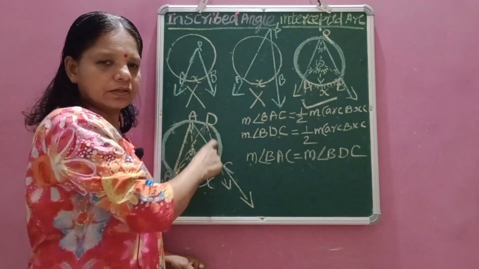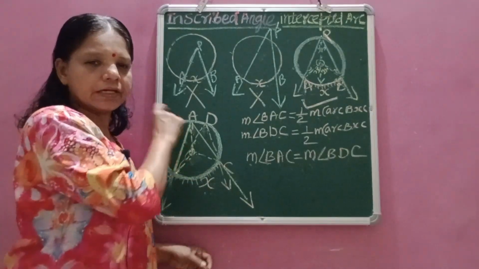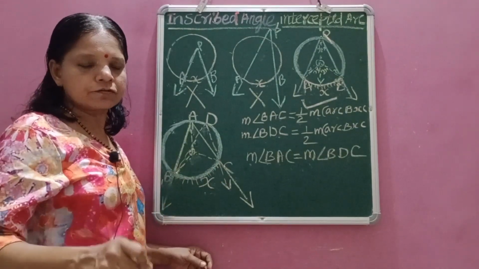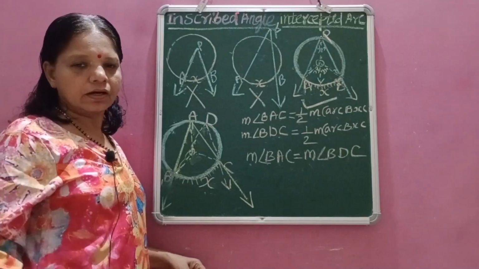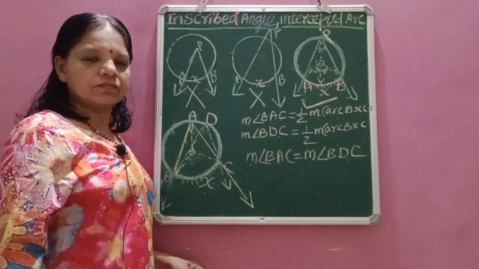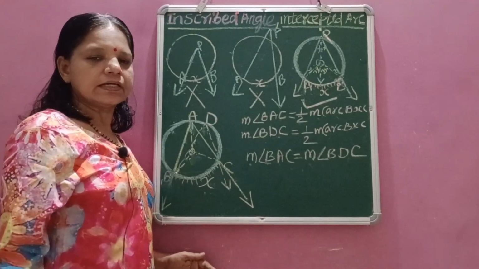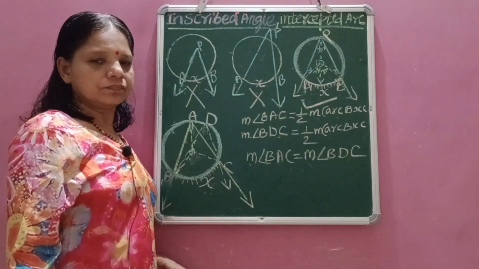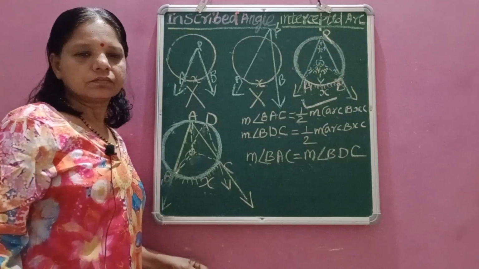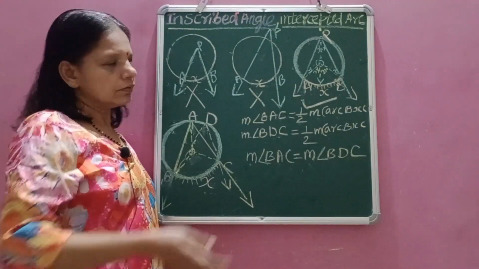If you take any inscribed angles in the same arc, their measures will be half the measure of the corresponding intercepted arc, because the corresponding intercepted arc will be the same for all those inscribed angles in the same arc. So, understood? Is there any confusion between intercepted arc and inscribed angle?